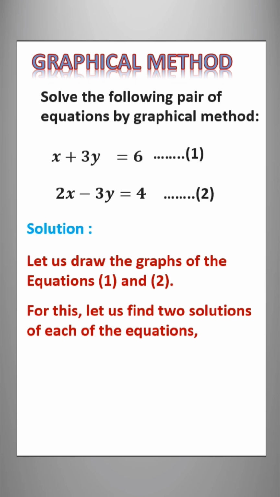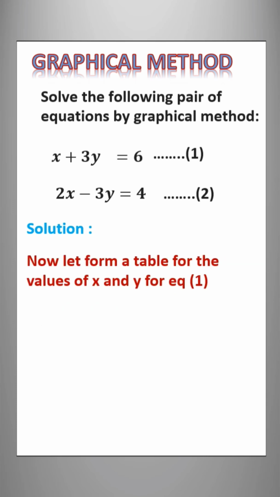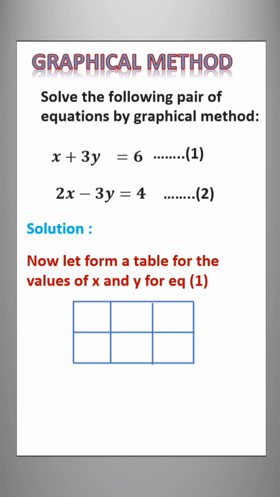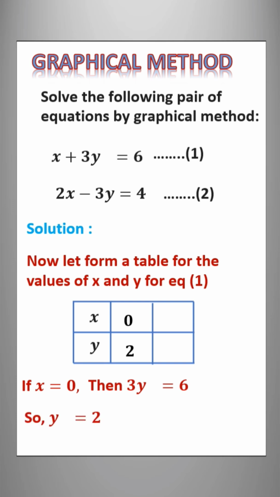Now, let us form a table of values for x and y for equation number 1. Let us put x is equal to 0. Then 3y is equal to 6, which means y is equal to 2. Here be careful.